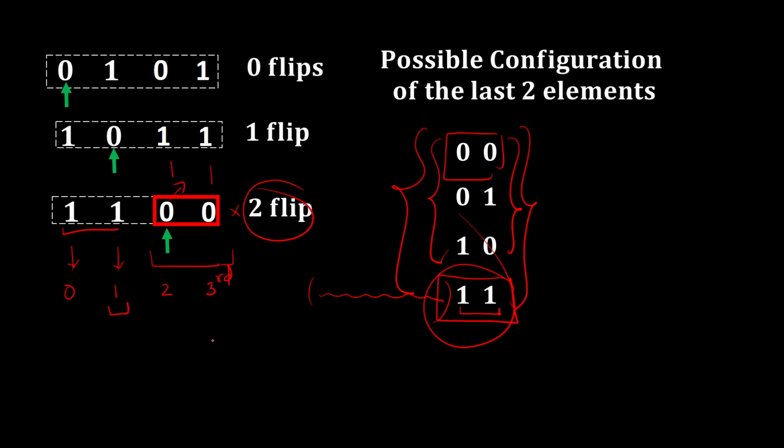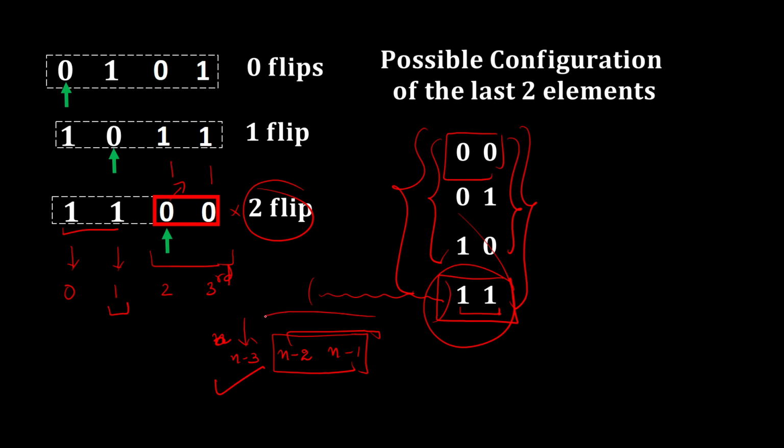That means if I have an array of size n, the last index is at n-1, before that you have the n-2th index, and before that you have the n-3th index. So the last point to be checked is only this index. You can never check for these two, because even if there was a problem, you cannot fix it, because every time the operation has to be done on 3 subsequent elements, and you do not have scope for 3 elements here. So this was the first observation.